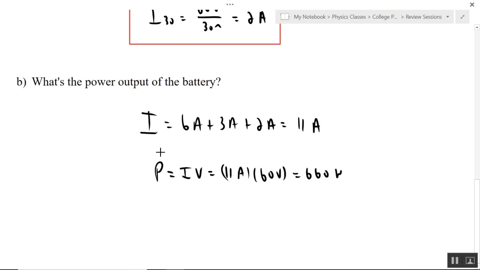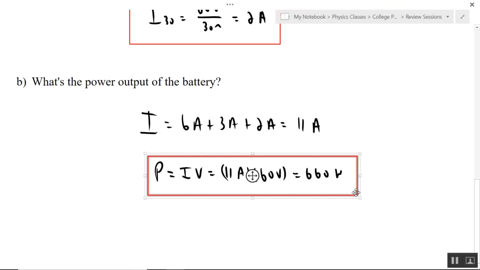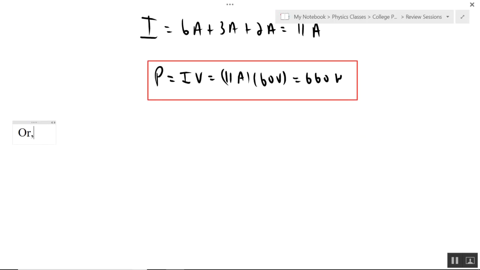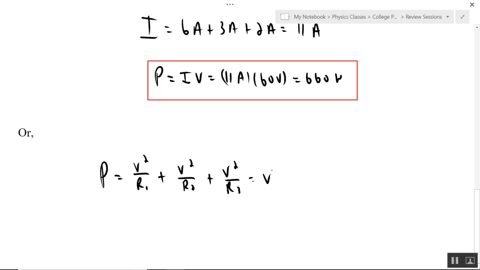So that's one way, and that's fine if you know how to do it that way. The other way, once again, is to find the power dissipated by each resistor and just add them together, because that also gives you the power output of the battery. So you could do that too. Actually there's a third way of doing it, but let's just stick with two. Remember, you use V squared over R for the resistors in parallel. So this is just V squared times 1 over R1 plus 1 over R2 plus 1 over R3.